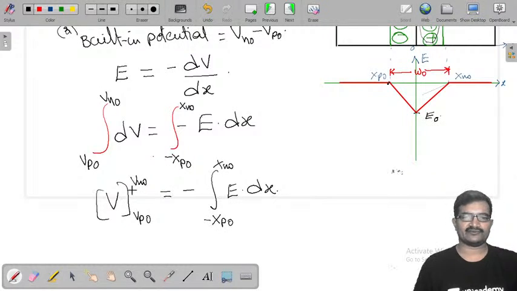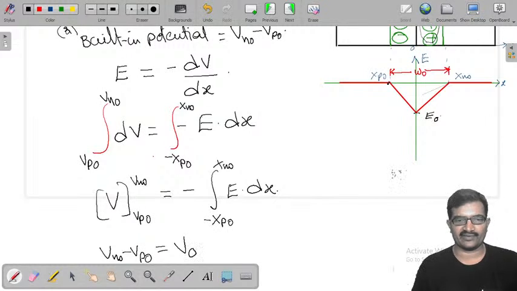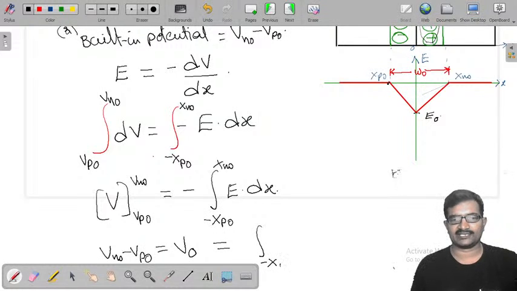Now we can write this as simply Vn0 minus Vp0. We know that this is nothing but our built-in potential or contact potential, which we defined previously. V0 is equal to the integral from minus xp0 to xn0 of E dx, with a minus sign.